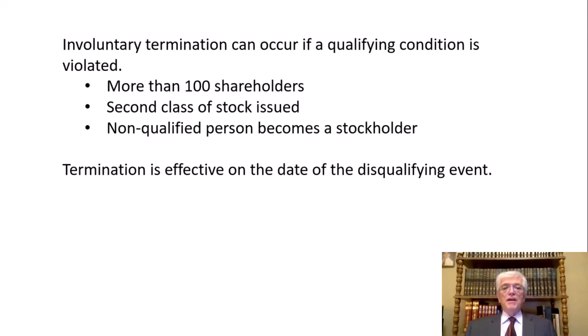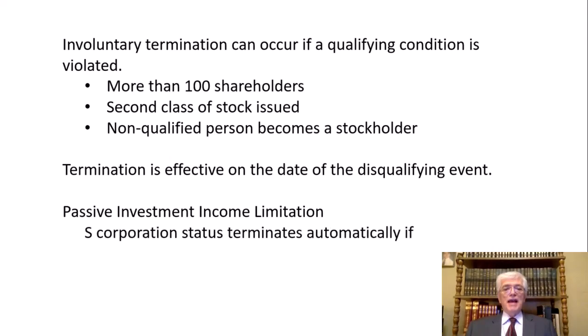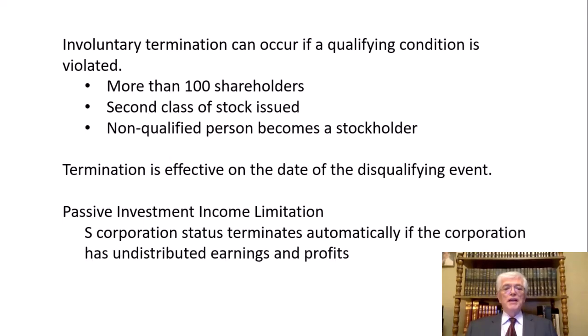Termination would be effective here on the date of the disqualifying event, the date that one of our stockholders sold the stock to the Torontonian. There's also a passive investment income limitation which could cause a termination of the S corporation status. That would be an automatic termination if the corporation had undistributed earnings and profit.